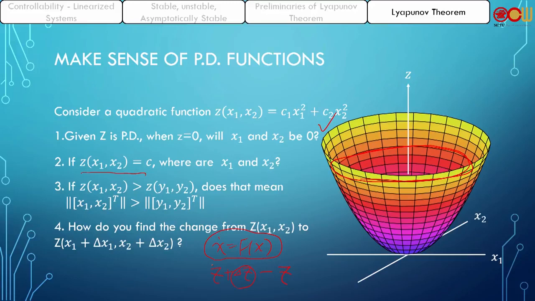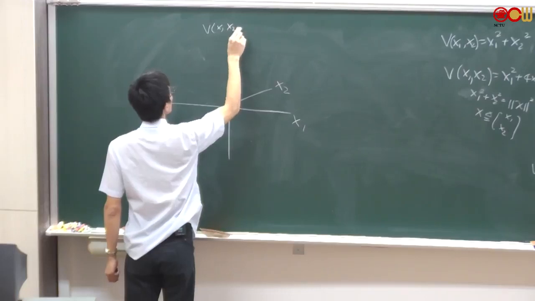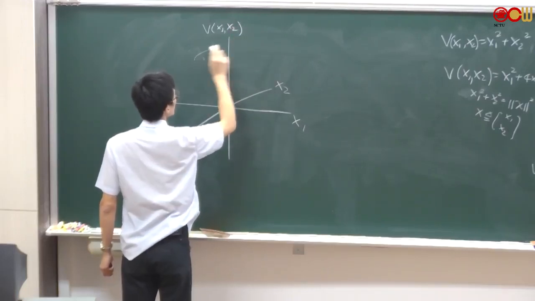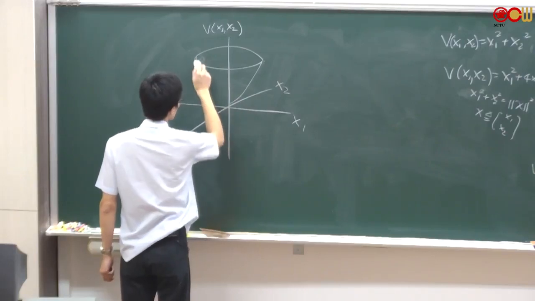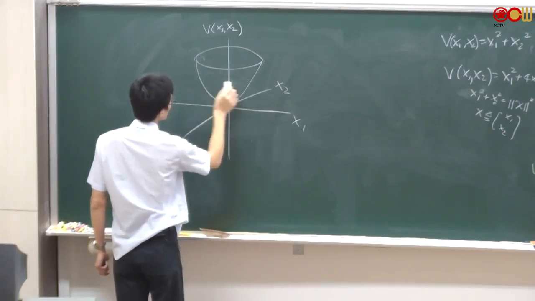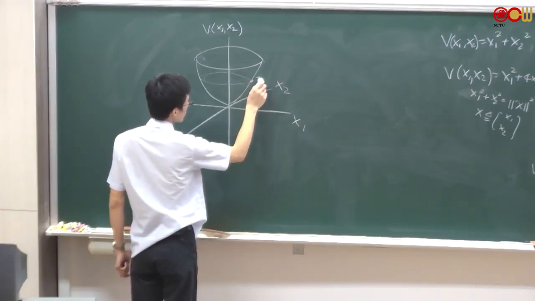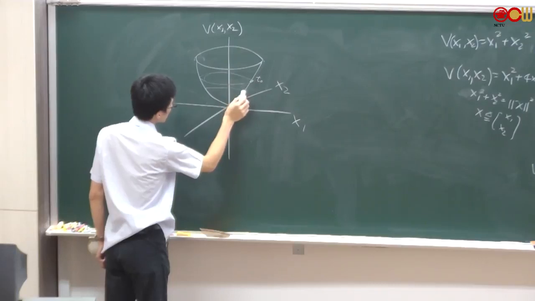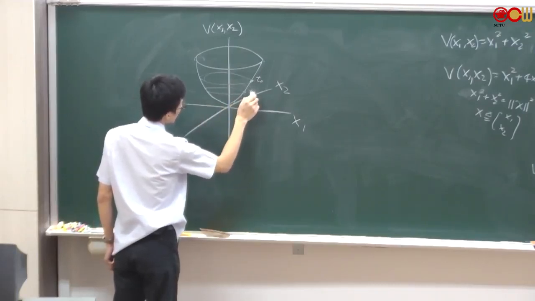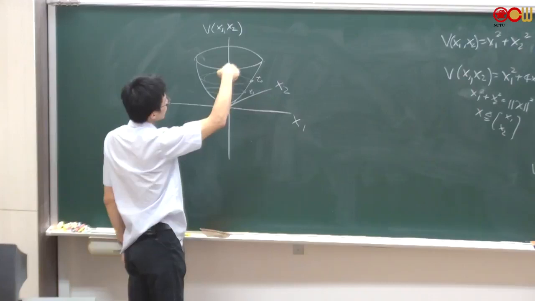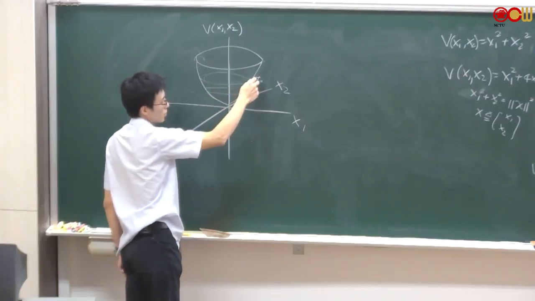So for question 4, my intention is to bridge the gap between what you learned and the Lyapunov function. So how do you evaluate this? Can you do this? You can do this by using the chain rule. If at t0 the state is here, and after some time t1 it is here, the v value in the z direction changes with time, right?